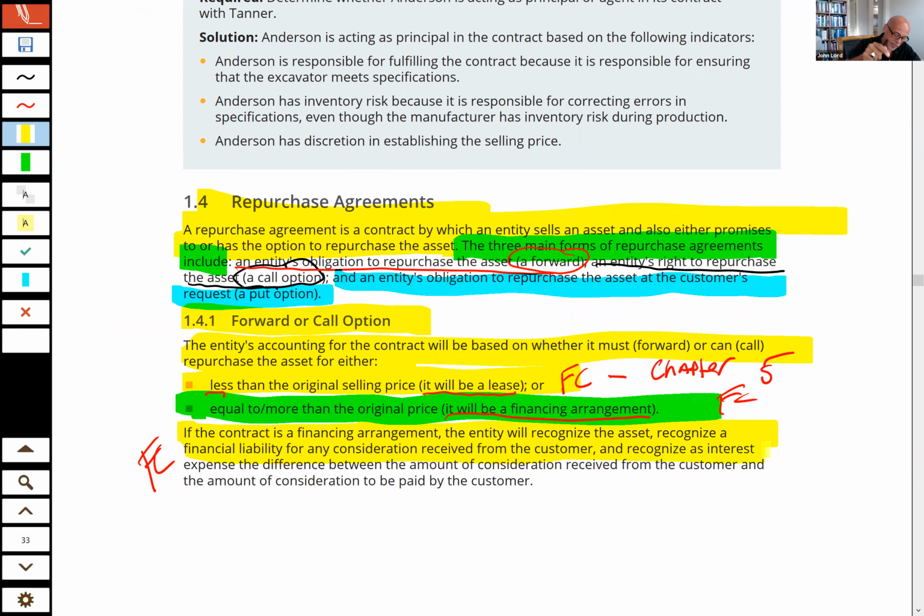Because I'm going to give it back to them, and interest expense for the difference between the amount of consideration received from the customer and the amount of consideration to be paid to the customer. So if I have to pay them more than what they originally gave me, that's interest expense, okay?